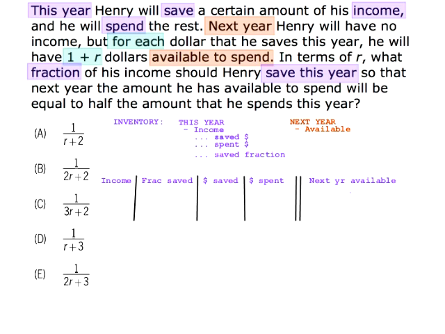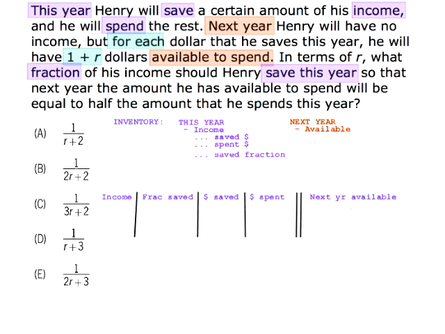No algebra yet, because we might just not want to do that. That's all I'm looking for right now. Your total amount times the fraction saved is equal to the amount saved. So we can put that on there.